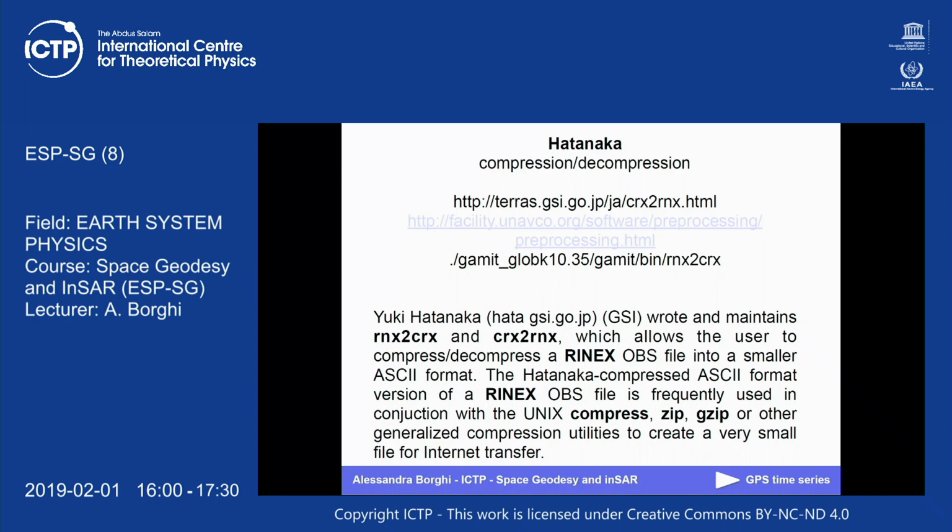So you have the name of the file, the point, often the year, and in the name you have the day and so on. O means the RINEX file, D is the Hatanaka compressed file. And this compressed file, using this algorithm, can be compressed again with Unix compress or zip or gzip and so on.